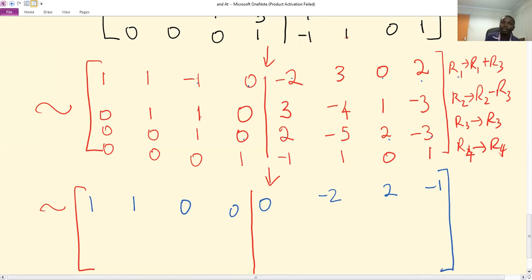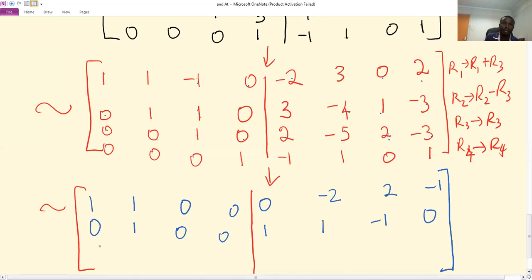And row 2 minus row 3: 0 minus 0 is 0, 1 minus 0 is 1, 1 minus 1 is 0, 0 minus 0 is 0, 3 minus 2 is 1, minus 4 minus minus 5 is 1, 1 minus 2 is minus 1, minus 3 minus minus 3 is 0.